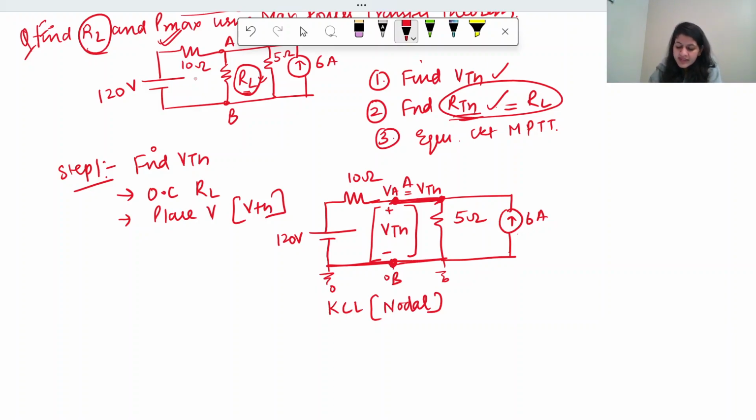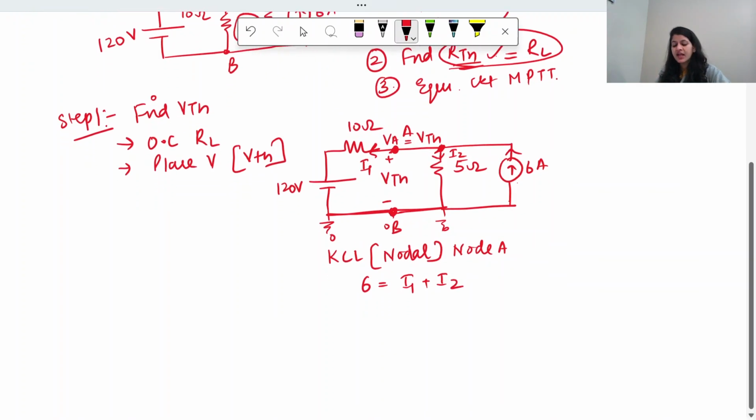So let's quickly rub this off to avoid confusion. So let's take this current as I1, this current as I2, and this current is already the incoming current. So applying KCL at node A, we can write 6 ampere is equal to I1 plus I2, because these two currents are coming out from that node.